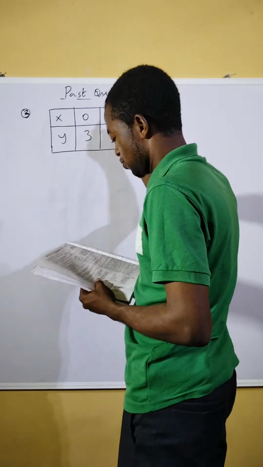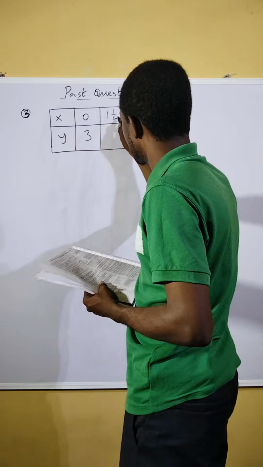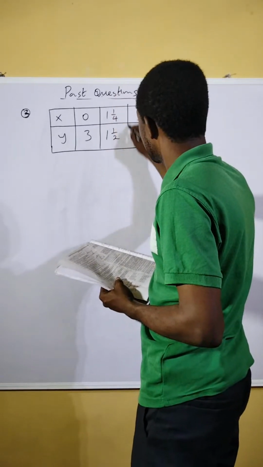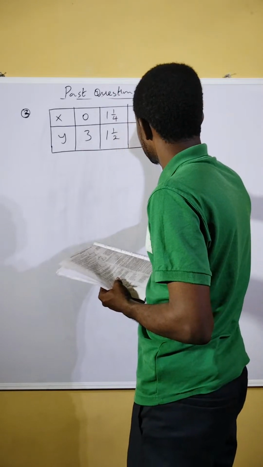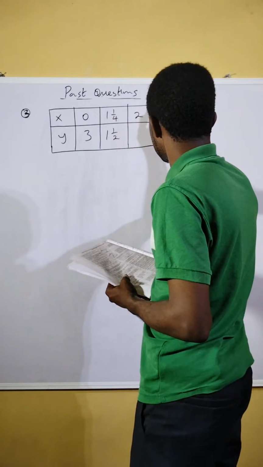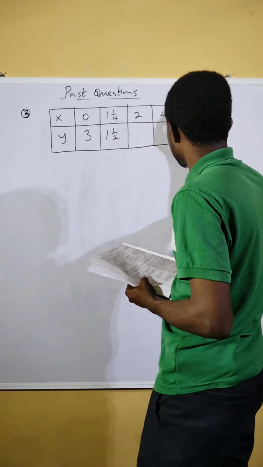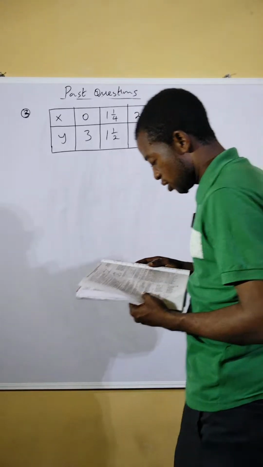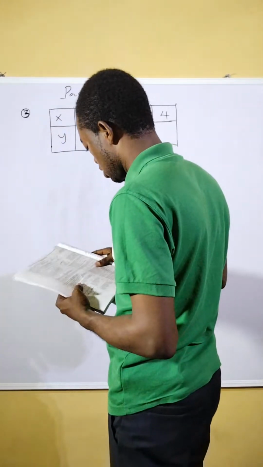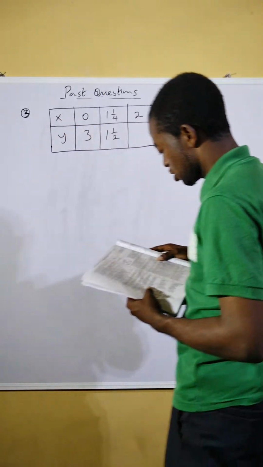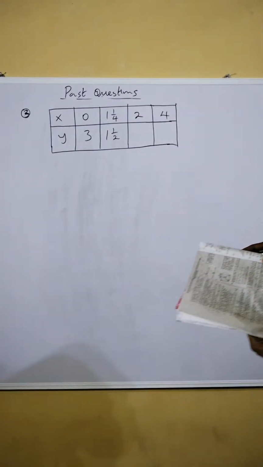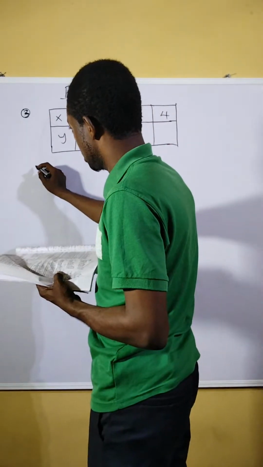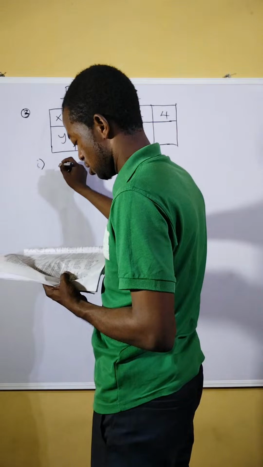Then 1, 1 and a half. Then 2, and nothing is under it. Also we have 4, nothing is under it. The first question says we should find the gradient of this line. The table below shows some values of a linear graph. Now find the gradient. That's the first question.